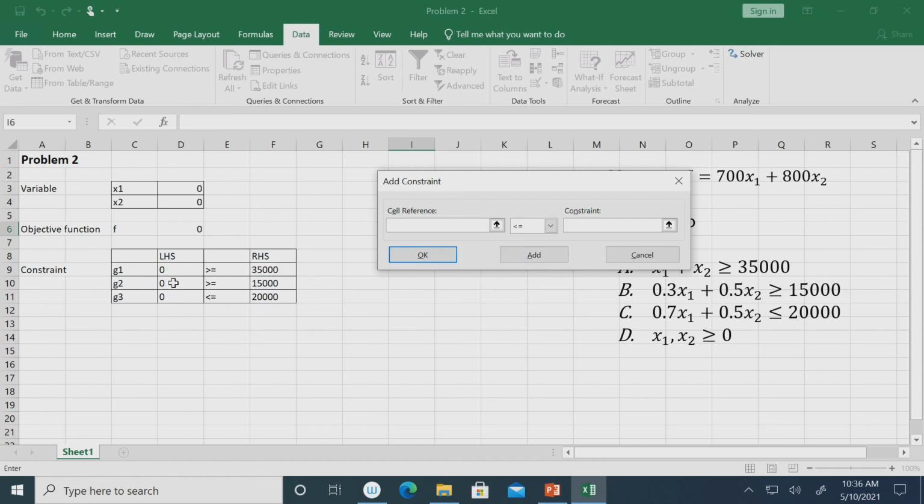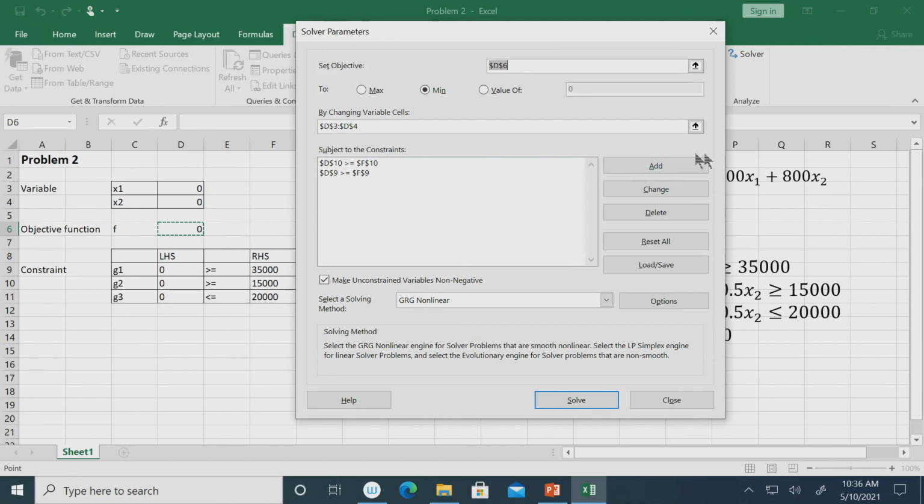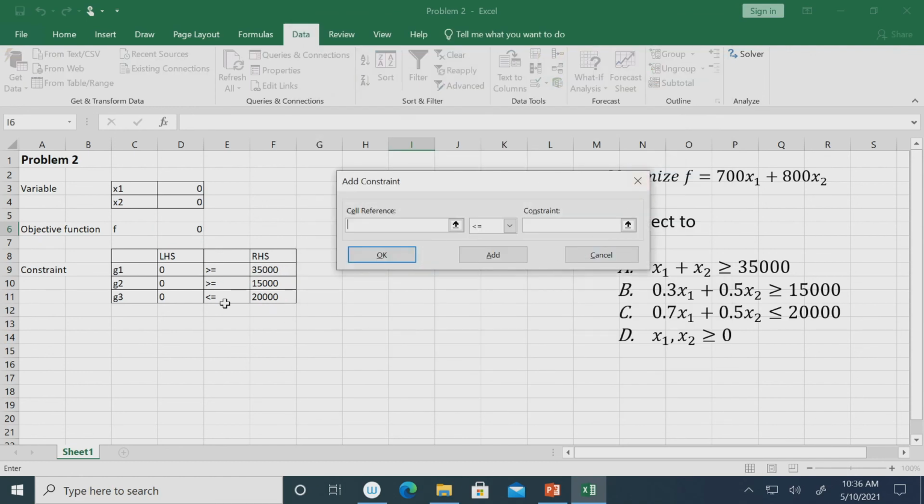Then this is the second constraint, left hand side. It is also greater than or equal to type, and you define the right hand side. Okay. I have another constraint. So, you go there, this is the left hand side, and this is less than or equal to type, and the right hand side is 20,000.